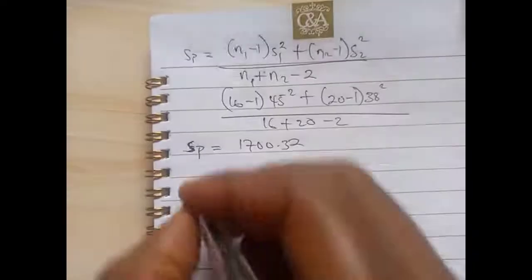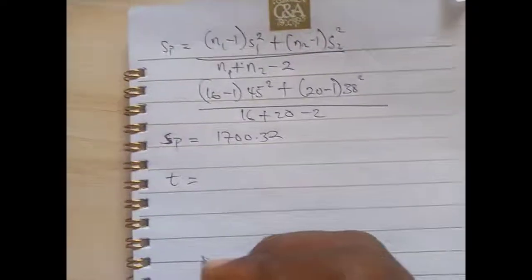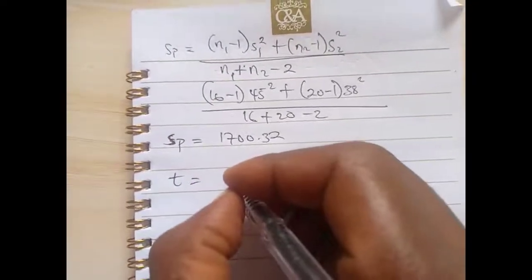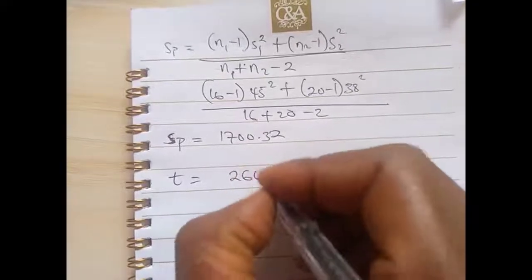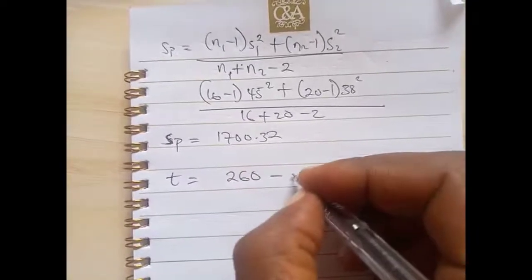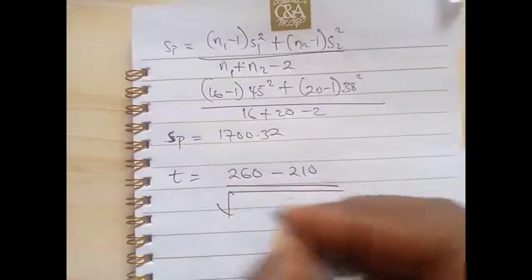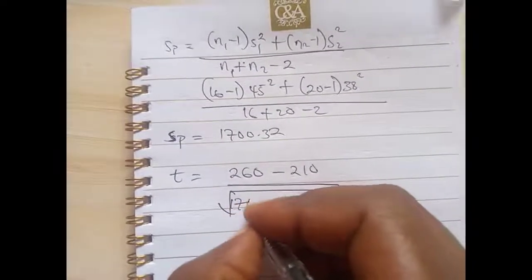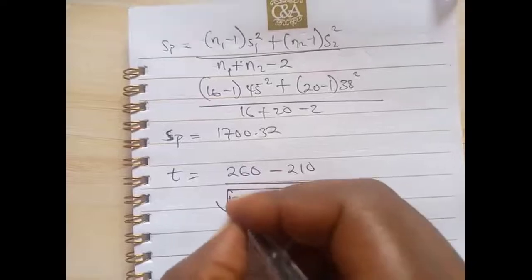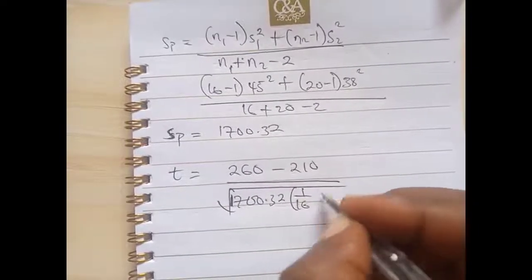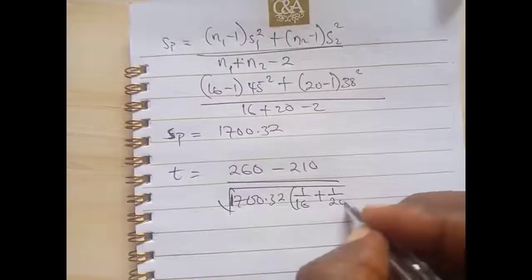1700.32. So if we bring that to the answer, t calculated is the first sample mean 260 minus the second sample mean 210, over the square root of 1700.32 times 1 over n1, which is 16, plus 1 over n2, which is 20.